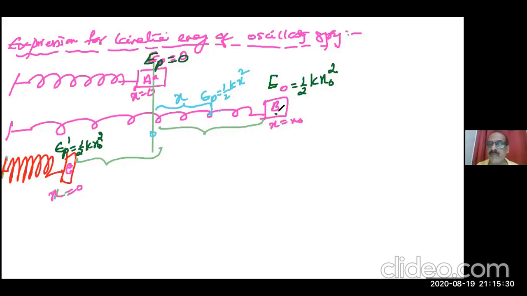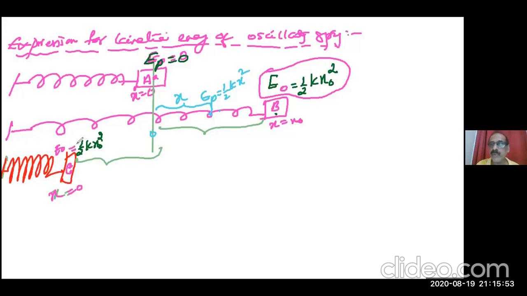The maximum value of potential energy can be written as E naught equal to half k x naught squared. Mark this also E naught.